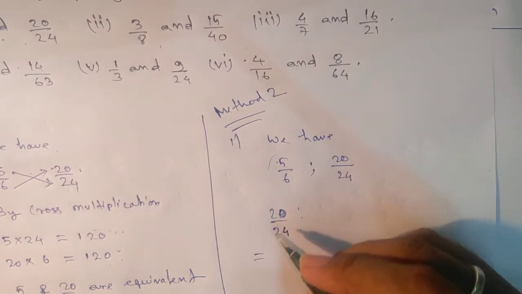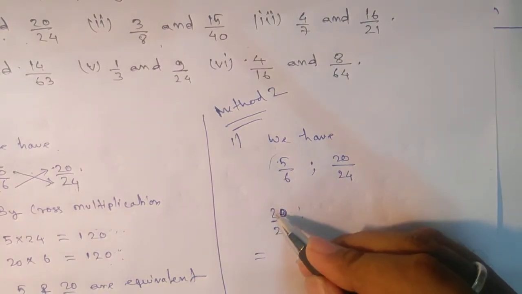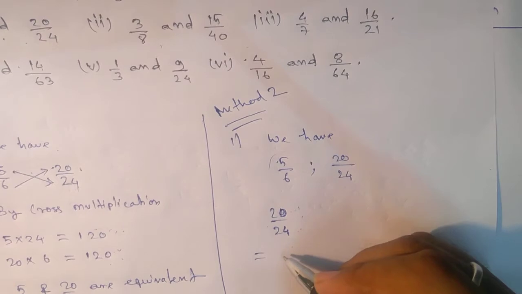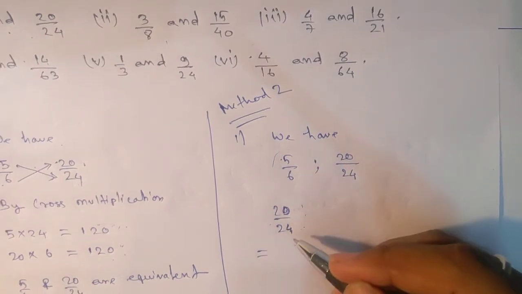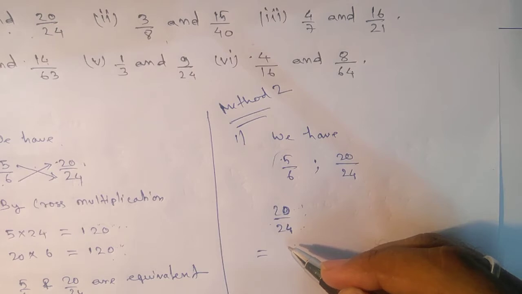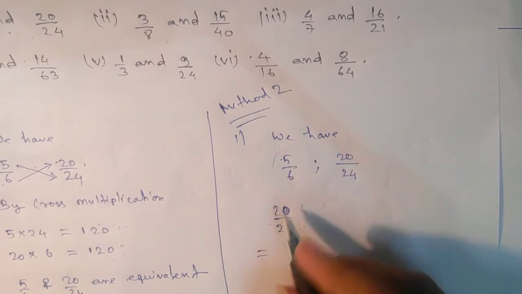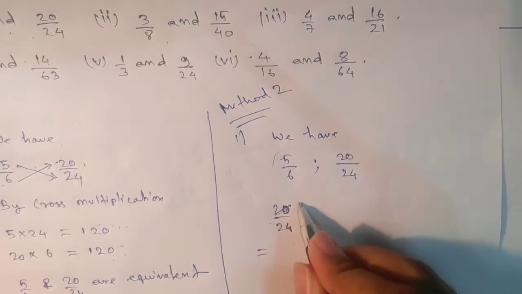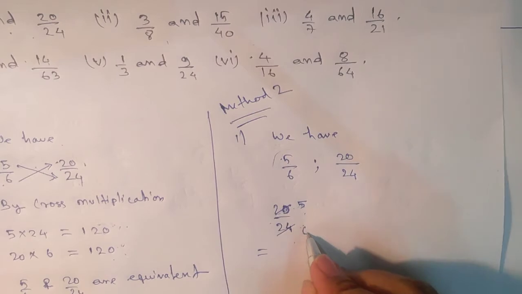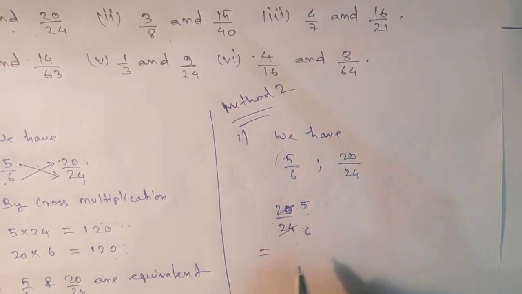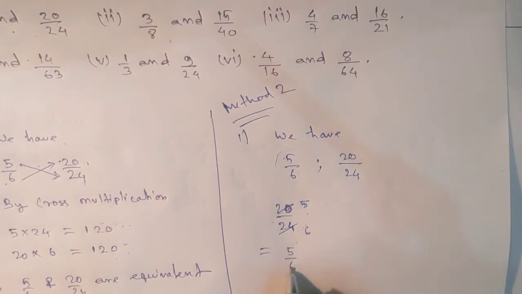Here we know that both are even, that means these two will be cut by 2. Now you check, is there any more number which is bigger than 2? Yes, 4. See, 4 will cut this one, 4 fives, and 4 sixes. You are getting here 5 by 6.